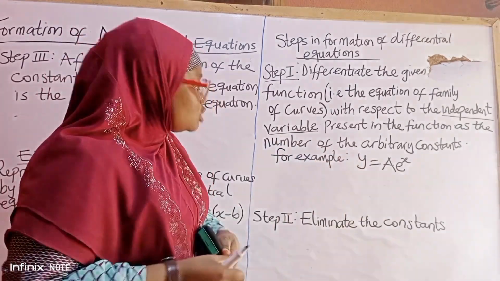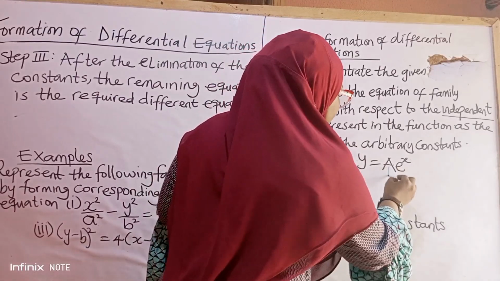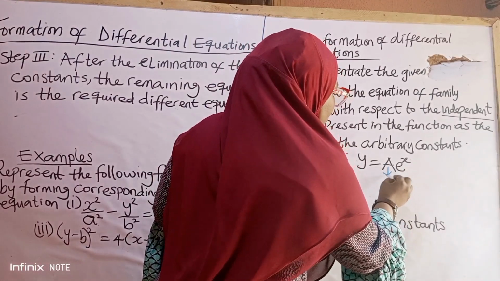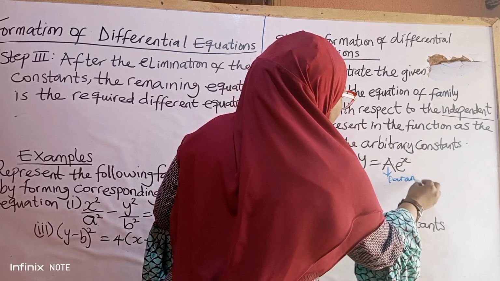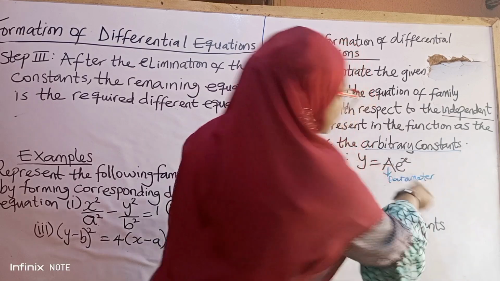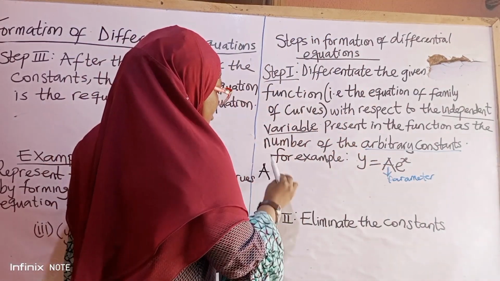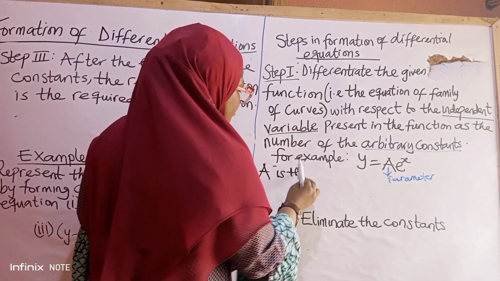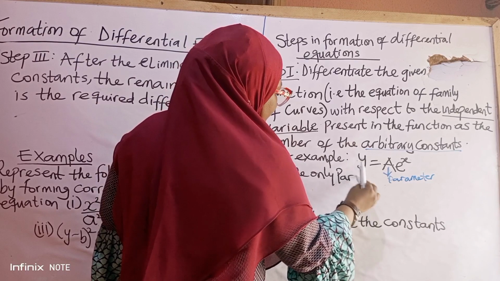So the first thing that you need to note here is how many parameters do we have. This is just one. This is the parameter, that is the arbitrary constant. It's the same thing as parameter. So we have a as the only parameter present.